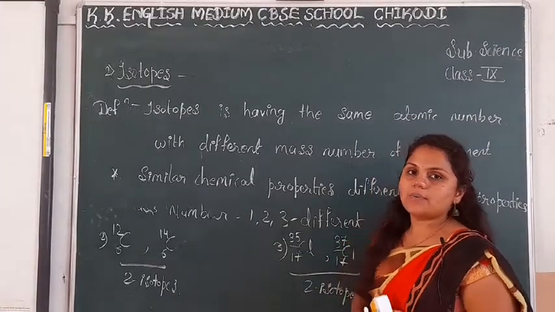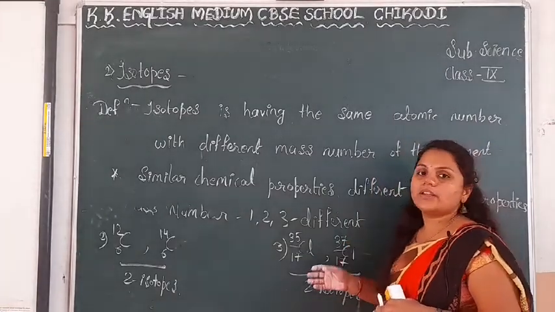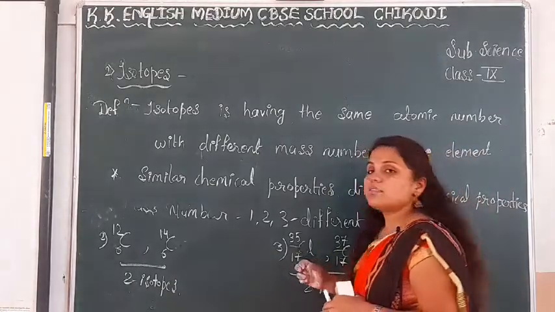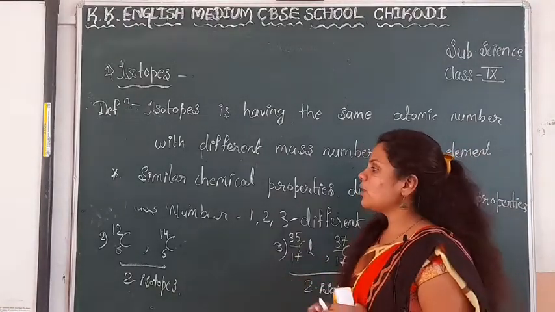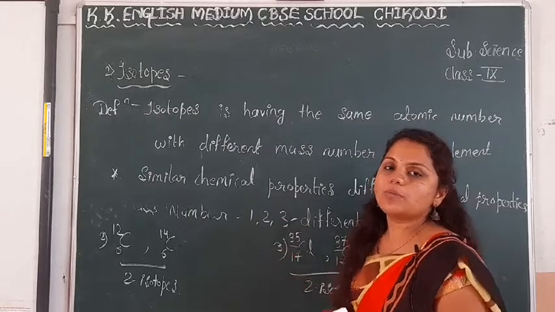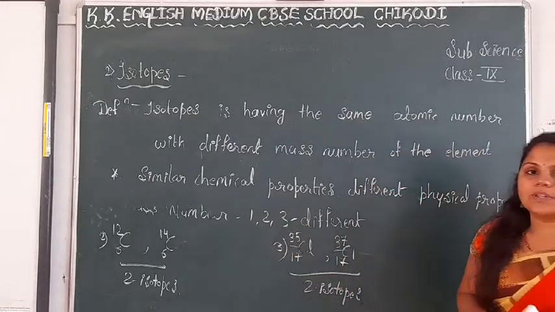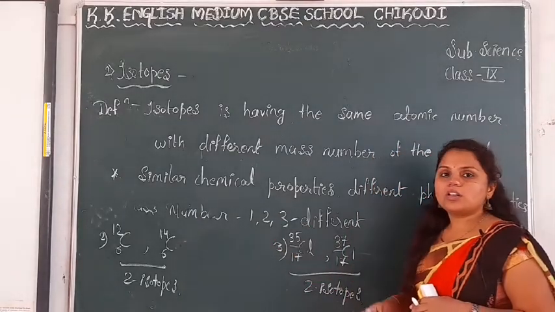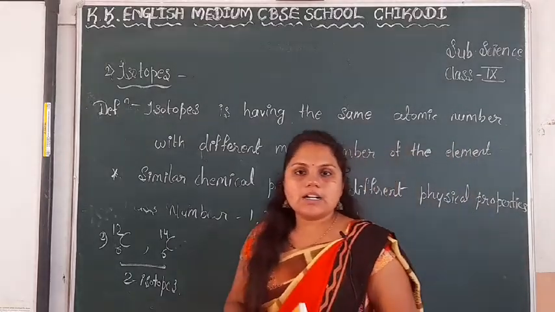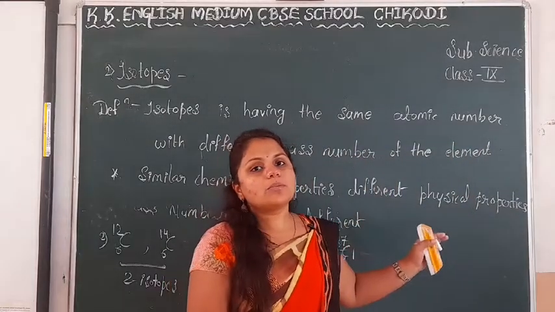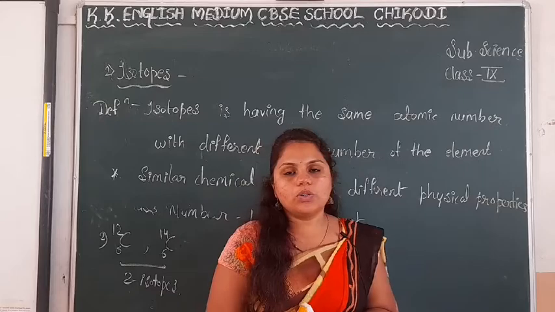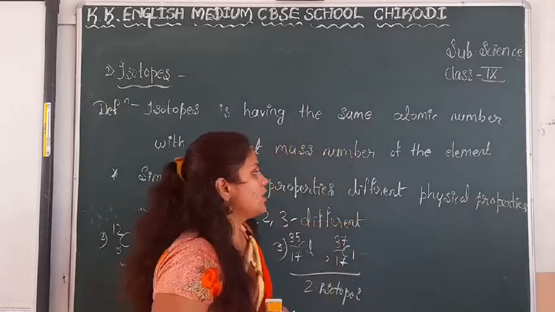This is one of the examples which is quite different. How are you going to calculate the atomic mass of the chlorine? So we are going to solve on some data to find the atomic mass of the chlorine.